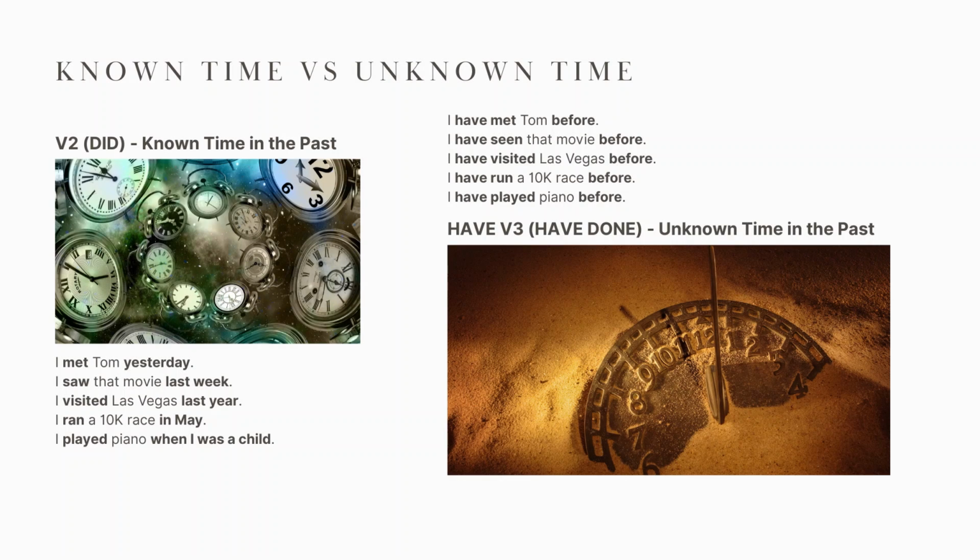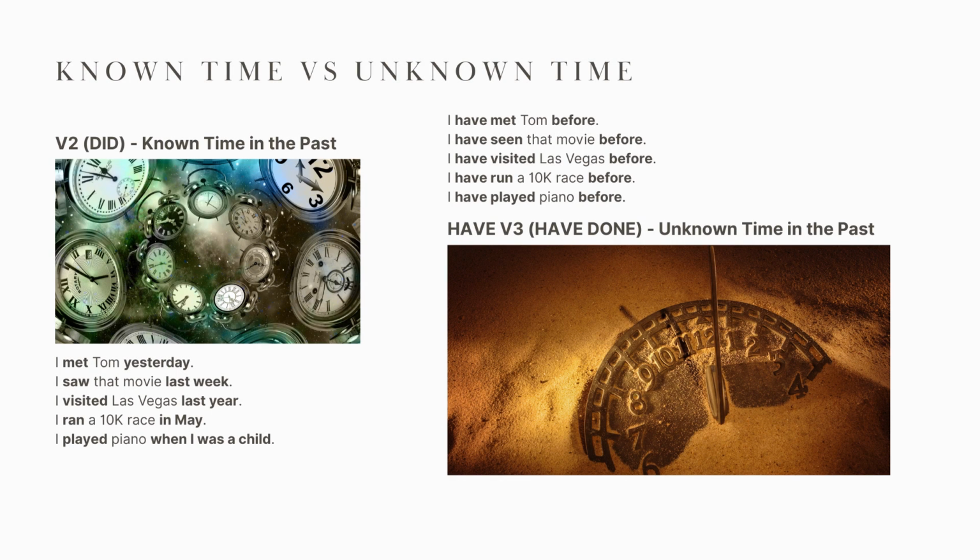But we're going to look at two situations, two ways that we use these verbs that really are very similar, but there is a key difference that we need to pay attention to. The first area is a known time or an unknown time.